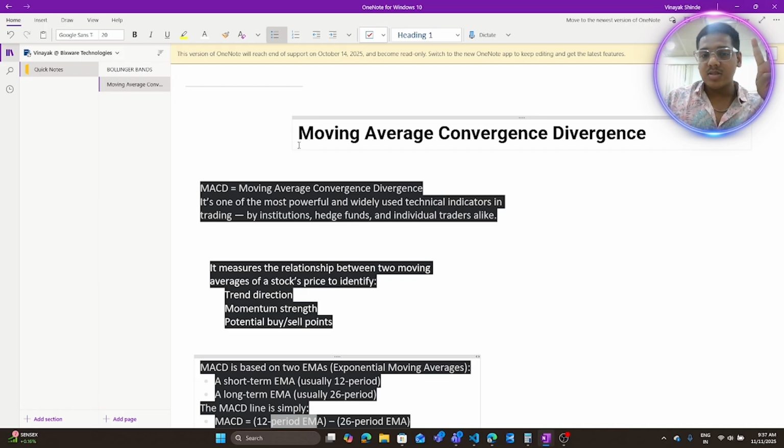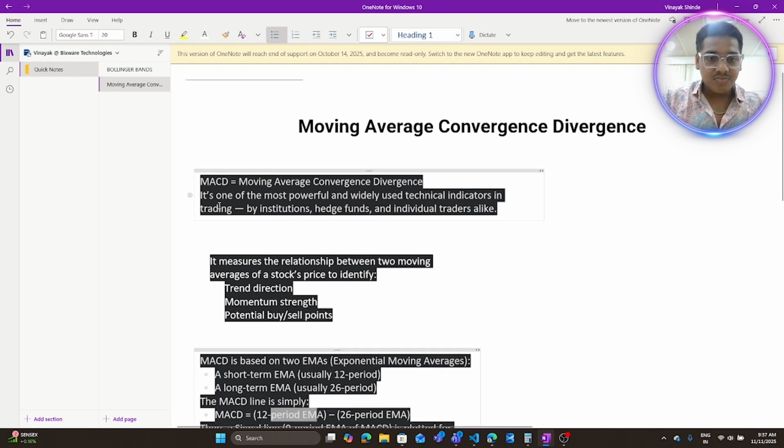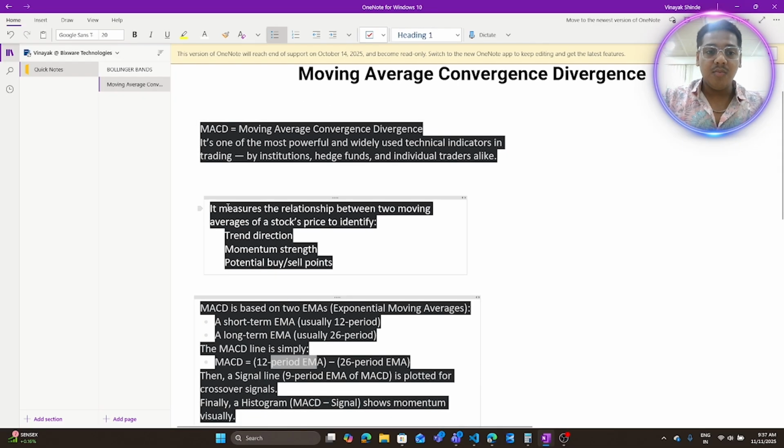If we use these three, then we can check the bullish point or the bearish point, where to enter into a stock or where to step out from a stock. It finds the relationship between two moving averages of a stock's price to identify a trend, momentum, and potential buy and sell points.